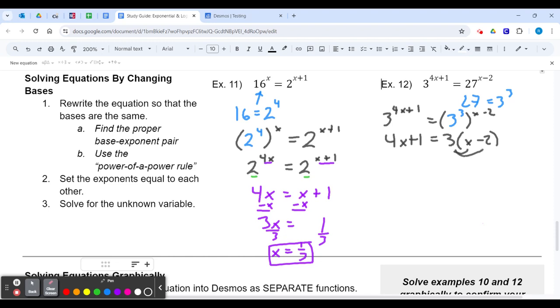But then we need to distribute it and have the right side of our equation be 3x minus 6. The left side stays the same, 4x plus 1. And now we can move things over, combine like terms, minus 3x, get x plus 1 equals negative 6, and subtract 1 from both sides and get x equals negative 7.